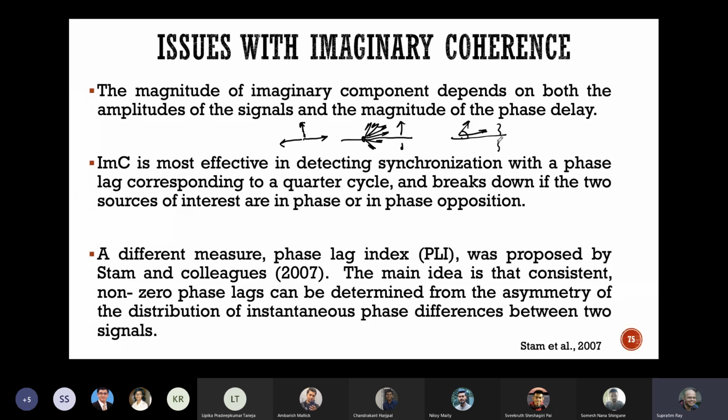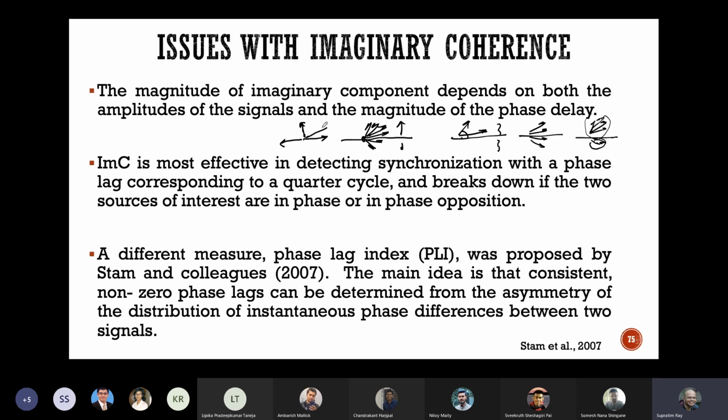That's it. So if they are equally spread out, so that some are positive and some are negative, so the distribution is uniform, I will say there is no interaction, PLI will be 0. Otherwise, if there's a systematic change in the distribution on one side, so more on this side, less on that side, then the PLI will be non-zero. Okay, but I don't care whether they are slightly shifted or really shifted.